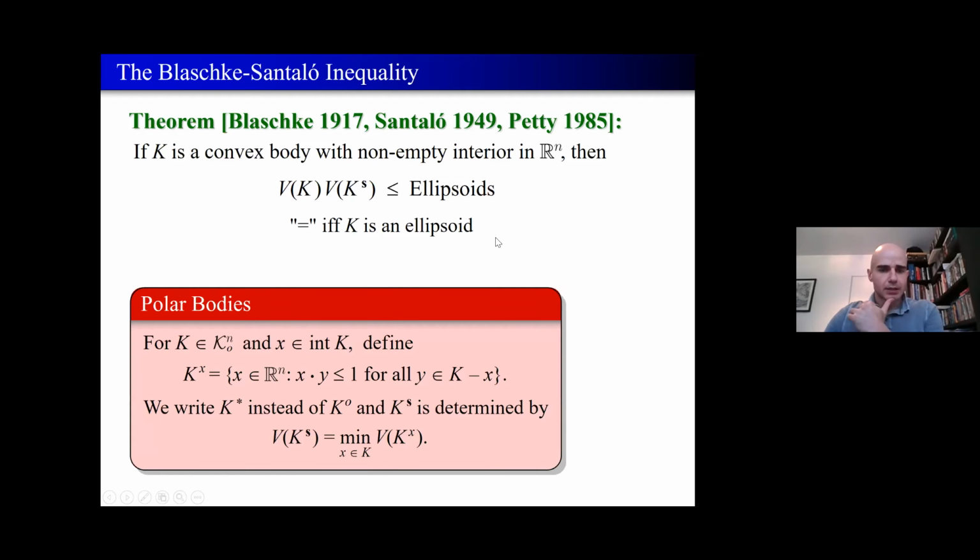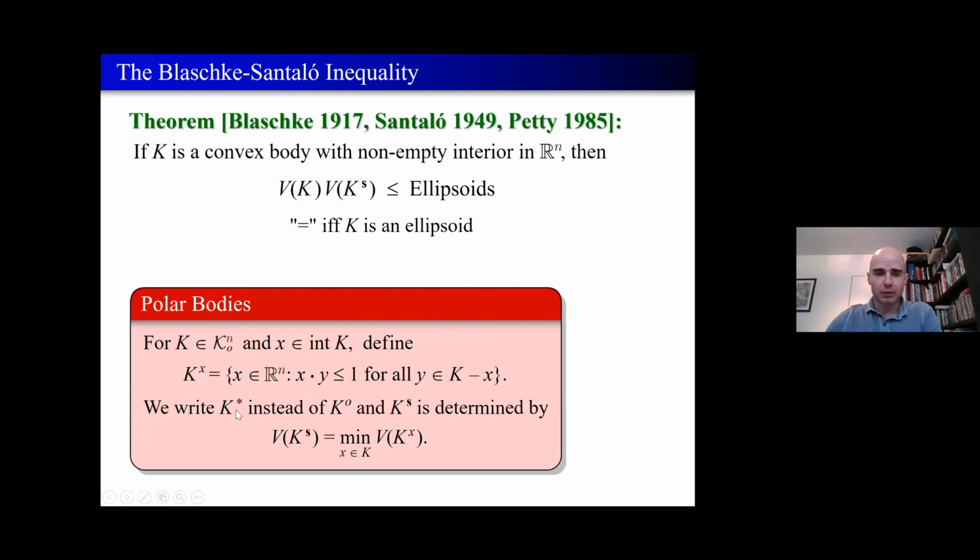And just to remind everyone, or to fix the notation, what I'm writing here for polar bodies. So for a convex body with non-empty interior in R^n and an interior point x, K^x will be the polar with respect to the point x.